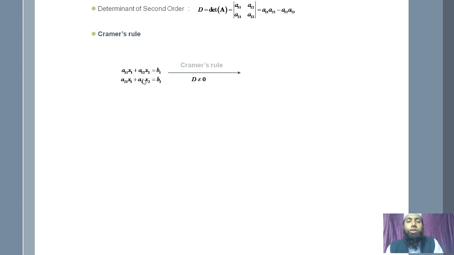ये system of equation का solution कब रहेगा? When this determinant is non-zero. Determinant of this coefficient a11, a12, a21, a22. So to find the value of x1, what we'll do?